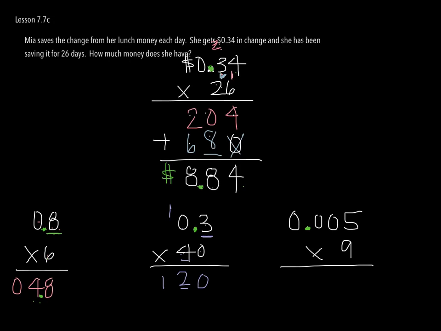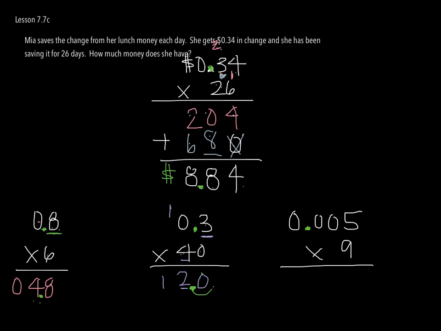So what am I going to need? I'm going to need one spot to the right of my decimal point. So I look at my total answer here, and I move it over one spot, and it's going to be right there. Now, that's a very important thing, that's why we put that 0 there, because otherwise our answer would be completely and entirely wrong.